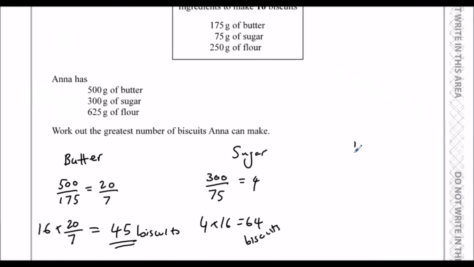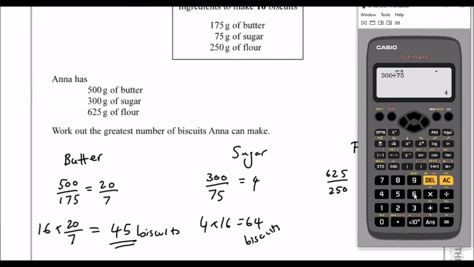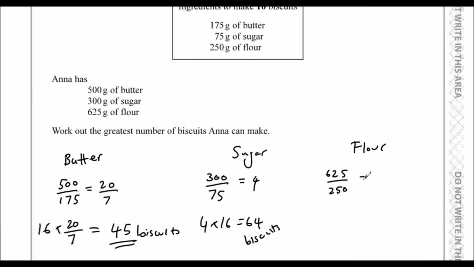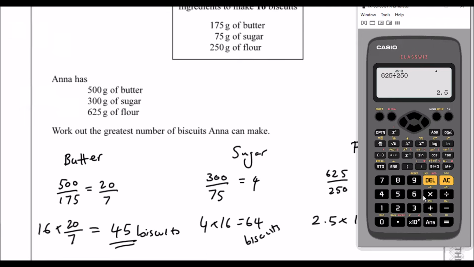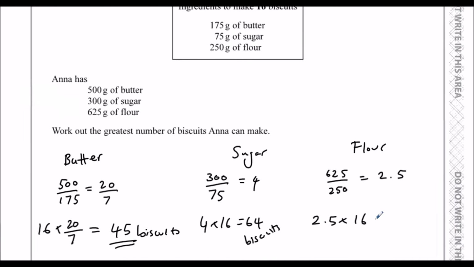And for flour, 625 over 250 is 2.5. So 2.5 times 16 is 40 biscuits.